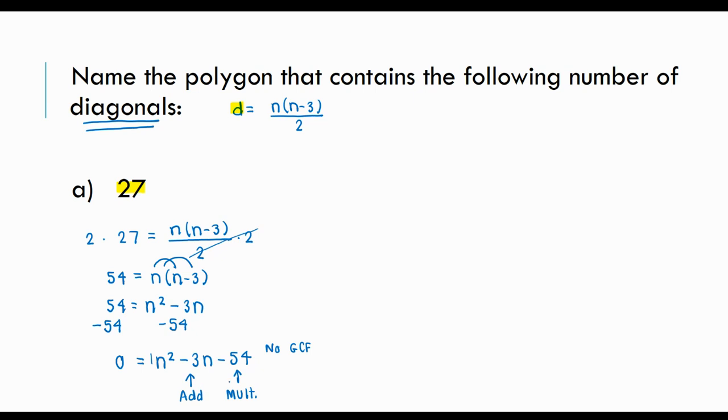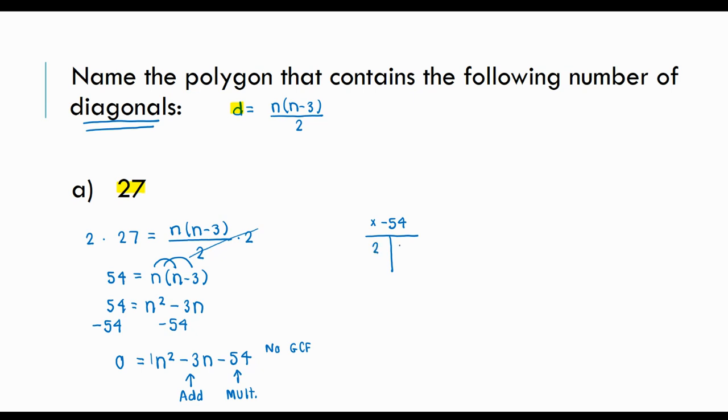Okay, so we're thinking about numbers that multiply to negative 54. So if it helps, maybe start making a table. So what are some numbers that multiply to negative 54? Well, because you're multiplying to a negative, one of those numbers is going to be negative and one of those numbers is going to be positive. So multiplying, notice that it is an even number, so technically 2 would go into it.